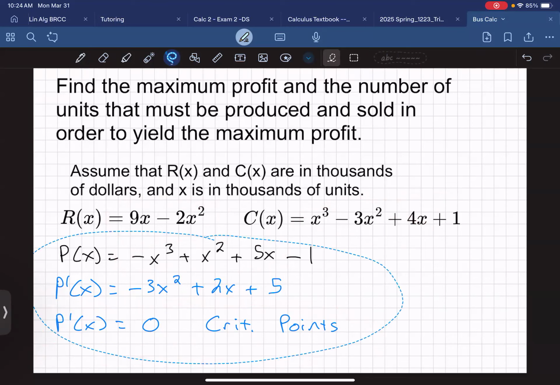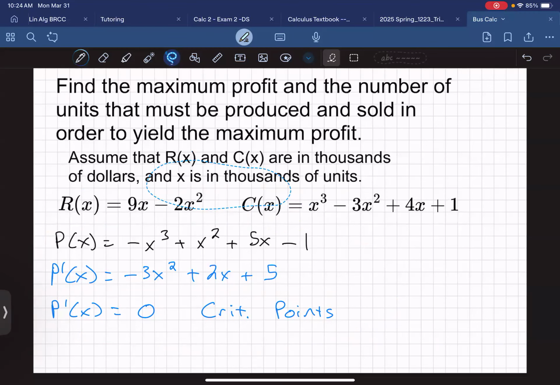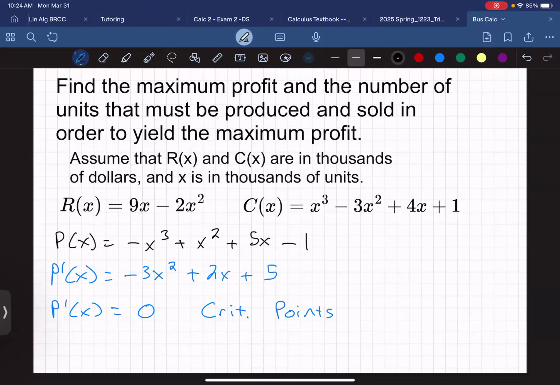let's take this and set it equal to 0. That's going to give us negative 3x squared minus 2x minus 5 equal to 0. I pulled out a negative just to make it a little bit nicer to work with. What you could find is you just divide everything by negative, but this goes to one of those quadratics we need to factor, right? So if you need to, go back to your AC method, whatever you're comfortable with.